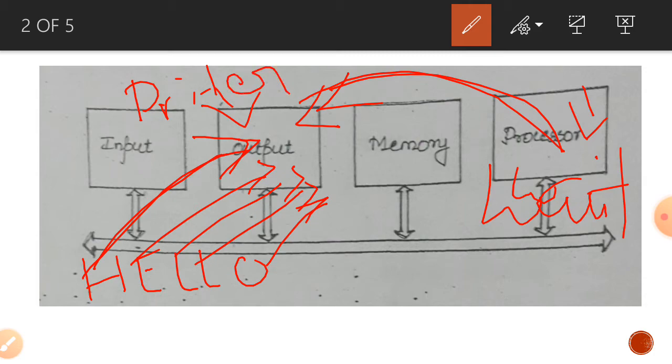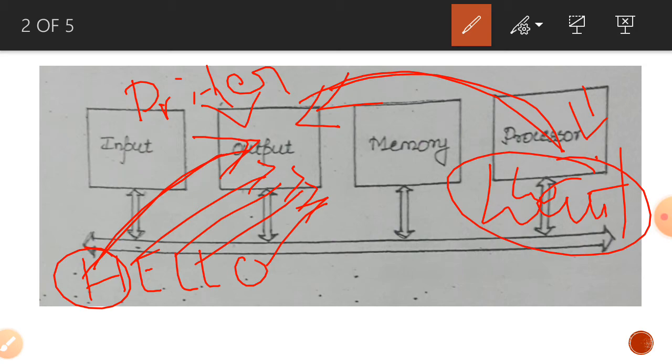Until completion of printing H, the processor has to wait.